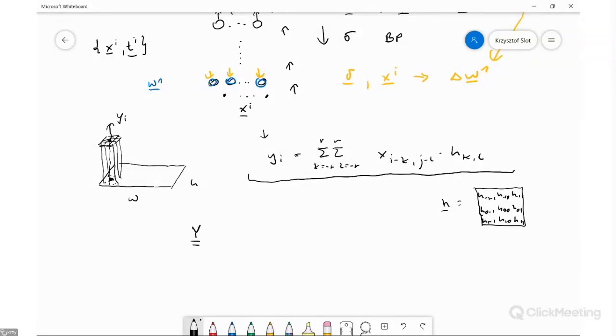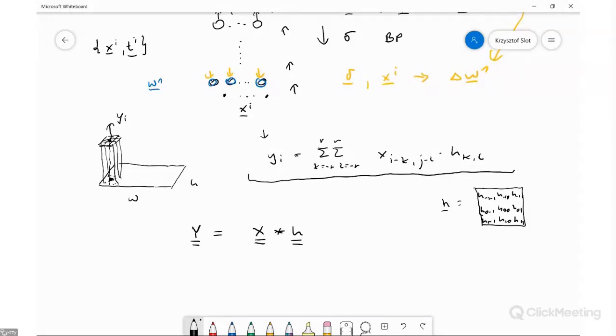Now this will be a matrix, and it will be just a result of a convolution of the input matrix and a filter.